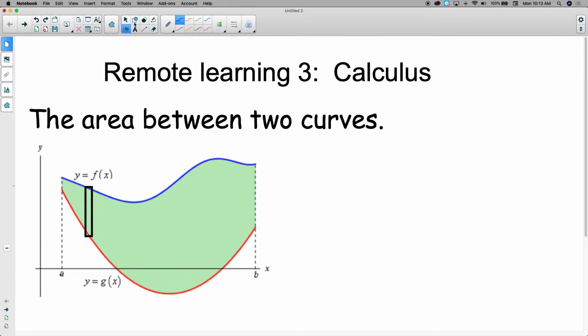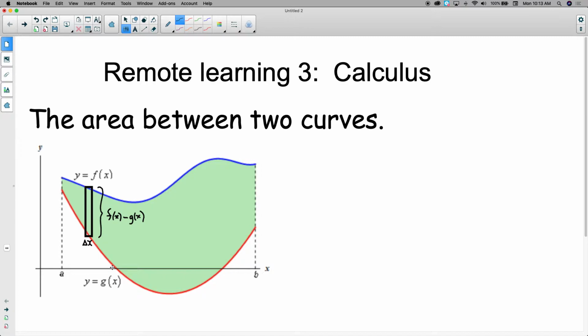Okay, then we'll do the usual stuff, and we'll talk about how this is some change in x, so that's delta x. And then this is the difference in the heights. So we're up here at f of x, and f of x is really this entire length, but then we want to subtract from that the height up to g, and that, of course, is g of x.